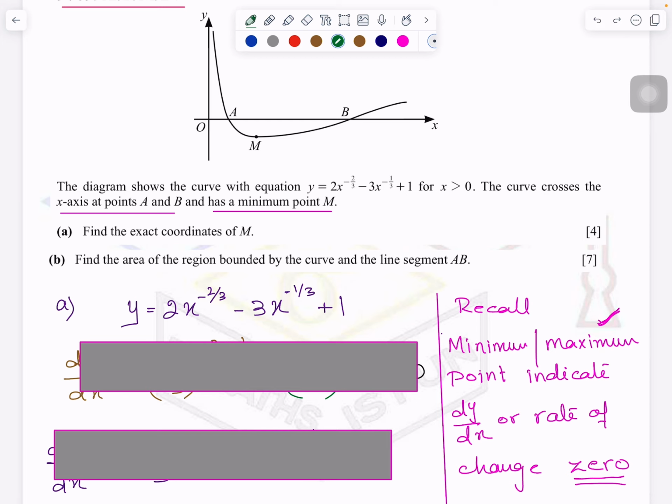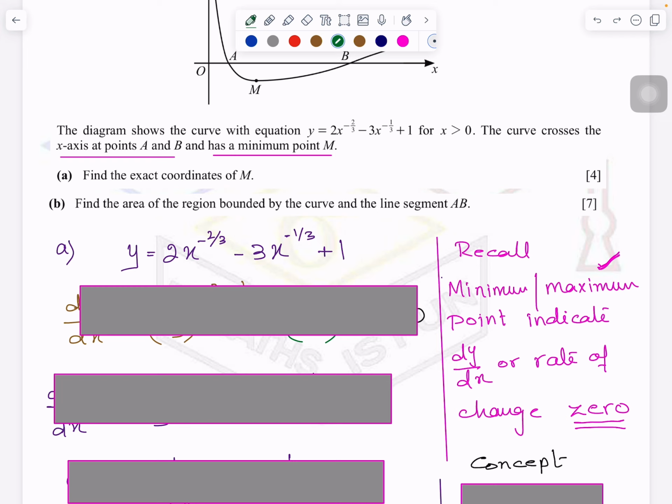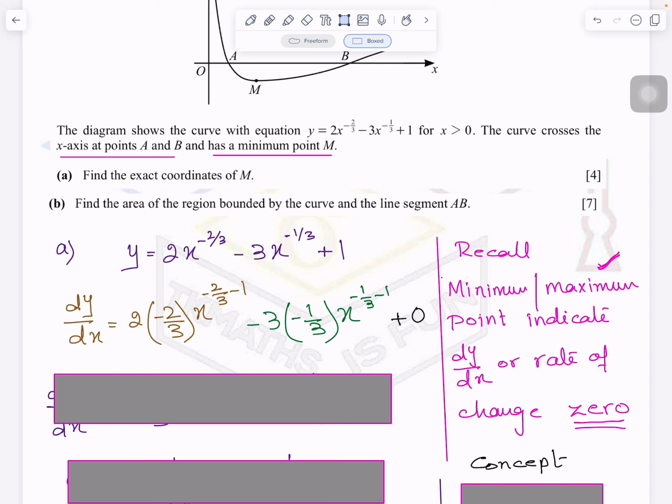So for the first part, to find the minimum point, we will differentiate the equation. The differentiation I have done here for you, and I hope you know the basic differentiation. I have used different colors to identify here. Now after that, what will I do? I will put it equal to 0, but before that I will simplify it further.